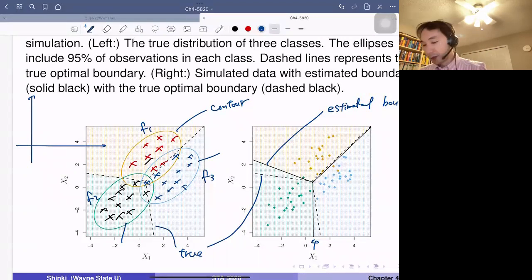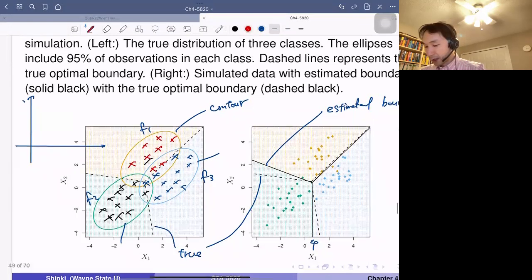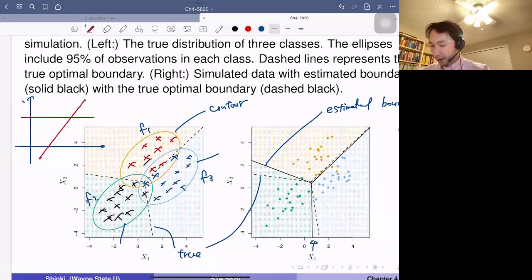It's not multinomial logistic regression, but simple logistic regression between class 1 and class 2, class 2 and class 3, and class 3 and class 1. Then often the boundary looks like this. So this is class 1, this is class 2, and this is maybe 2 versus 3, but also this is 3 versus 1, or something like that.